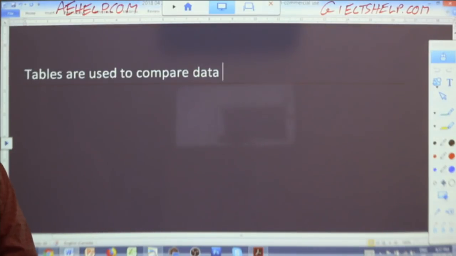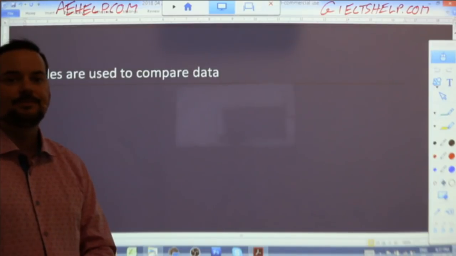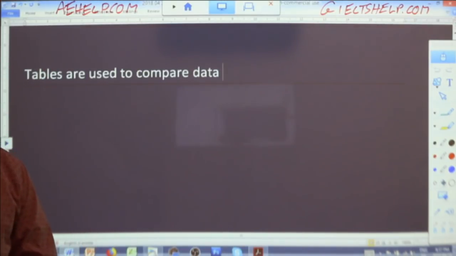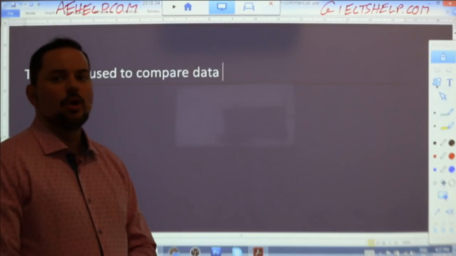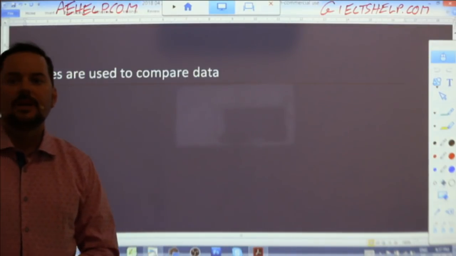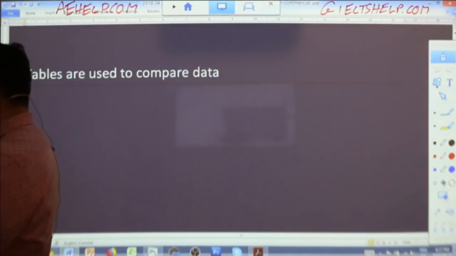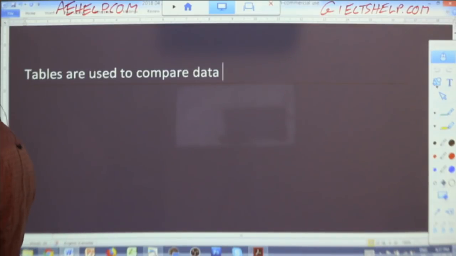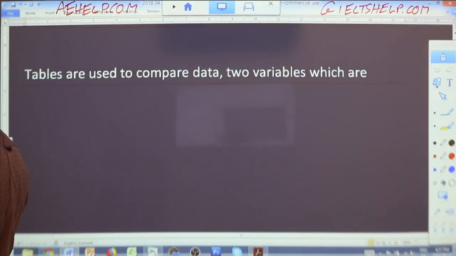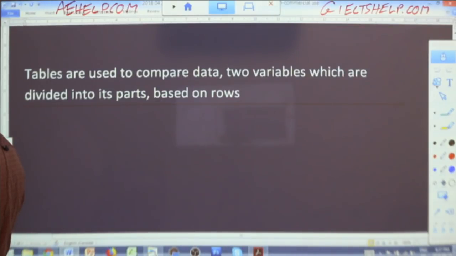And that can be different types of what? It's not necessarily over time, Ayman, but it could be. And it could be profit. To keep it more general, what you're thinking of is that tables are used to compare data, two variables, which are divided into its parts based on rows and columns.